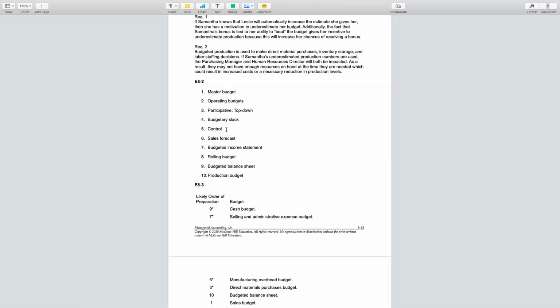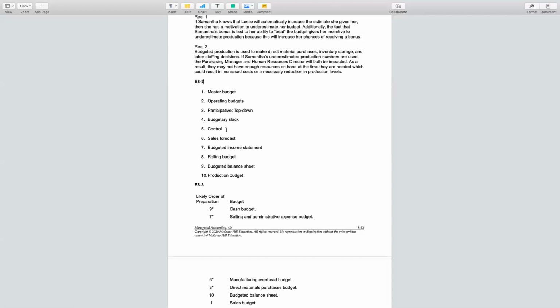Number six, the starting point for preparing the master budget is the sales forecast. Number seven, the budgeted income statement provides information about a company's expected revenues, expenses, and profitability. Number eight, using a rolling budget, when one budget period passes, another is automatically added at the end.